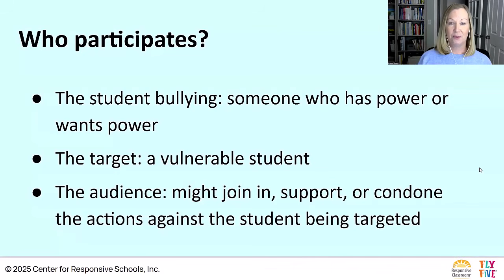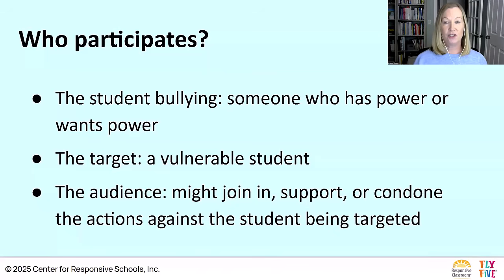So who participates in bullying? There's a couple roles when it comes to bullying behavior. And the first one is we have a student who's doing the bullying. And this is someone who has power or wants more power. So in the past, children who bullied were often described as outcasts or on the fringes.